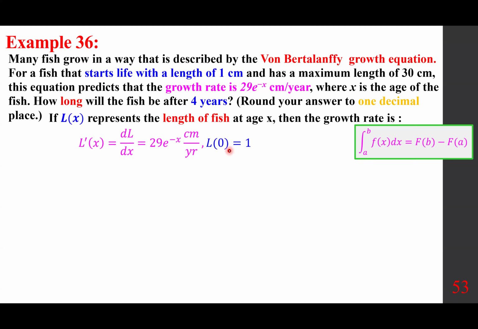Again, there are two ways to do it. I'm going to look at both of them. The amount of increase uses the net change theorem, and it's going to have the integral from 0 to 4 of this function.